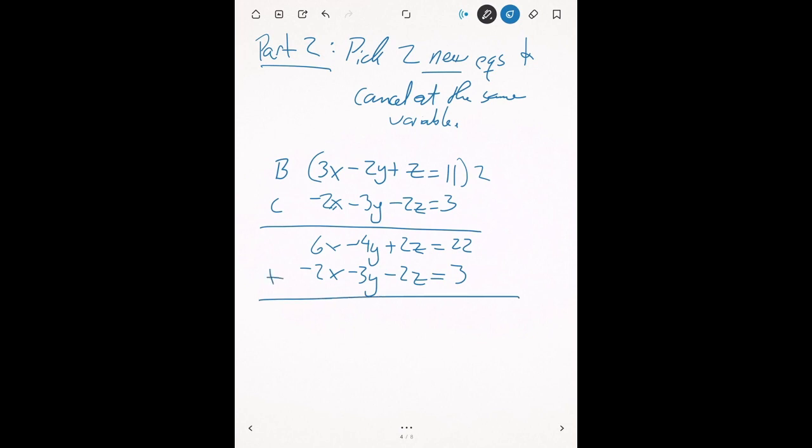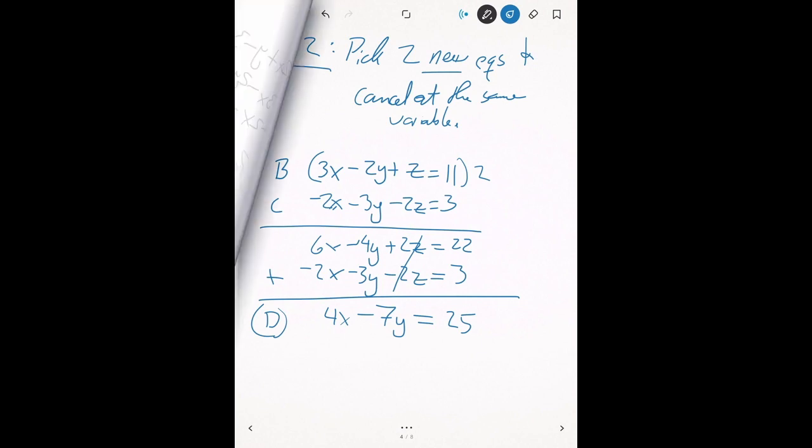Let's add these together. The two z's are going to cancel out, and we're left with 4x minus 7y equaling 25. Okay, this is going to be our equation D.